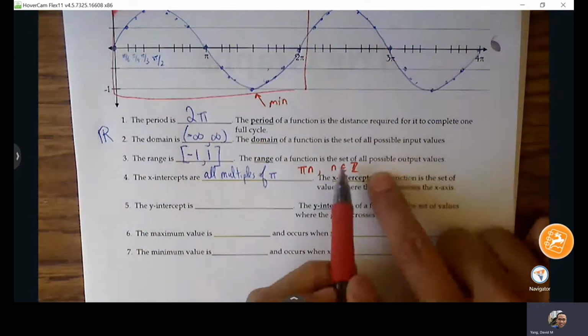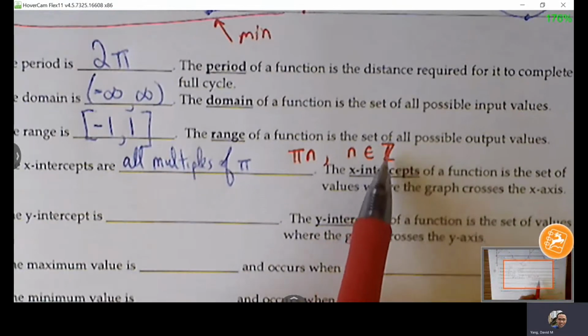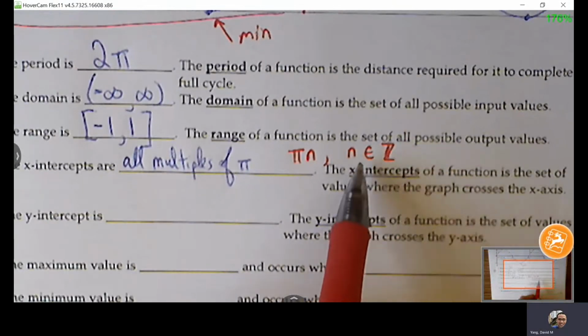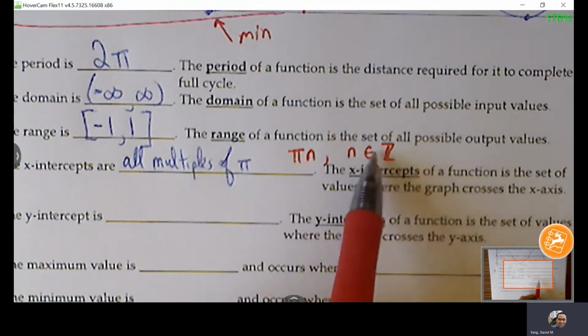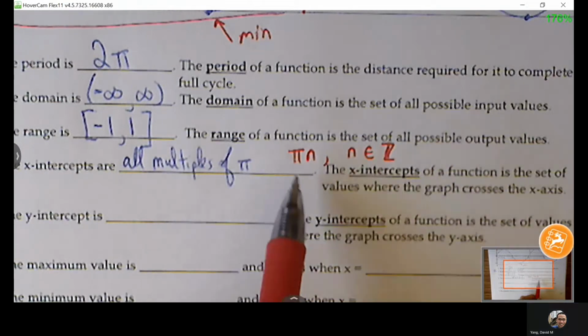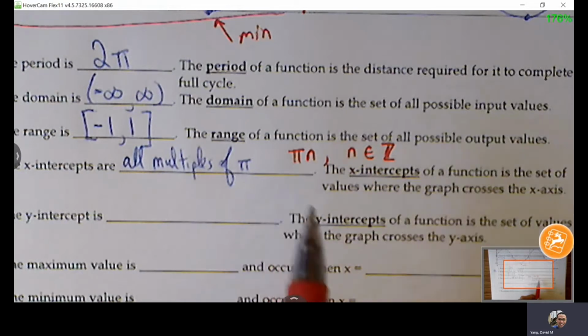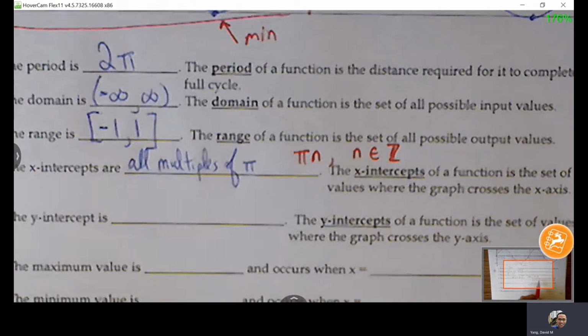It's this Z-looking notation, and then the element symbol just represents that n is part of, is defined as, an integer. We want to make sure that we're not thinking of n as a decimal value, that it's restricted to just integers.